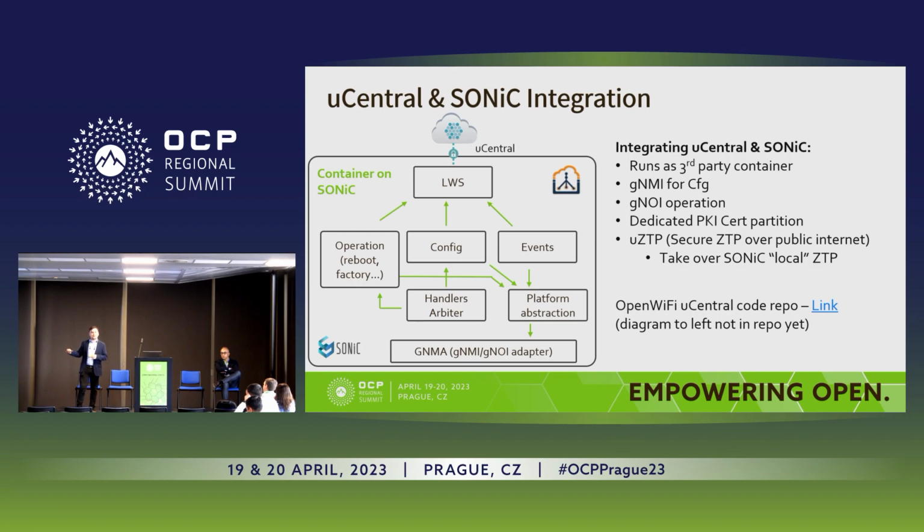Additionally, via gNOI, we provide support for operations like system upgrade, RTTY, save and restore config. This is also part of the uCentral client. And we are subscribing to events from SONiC, like alarms, port statistics changes, and link status changes if we need, and reporting back to the client.